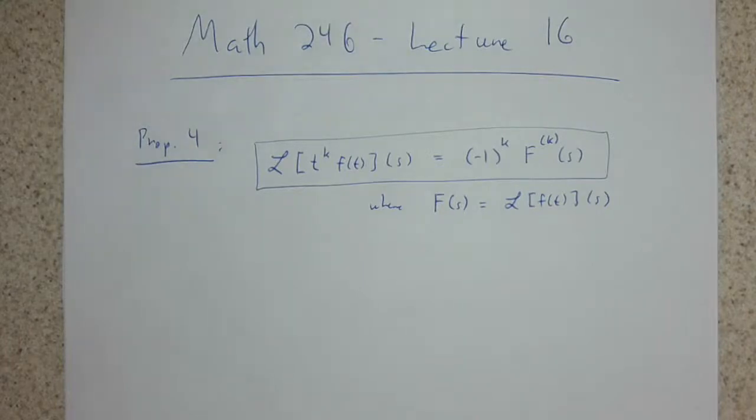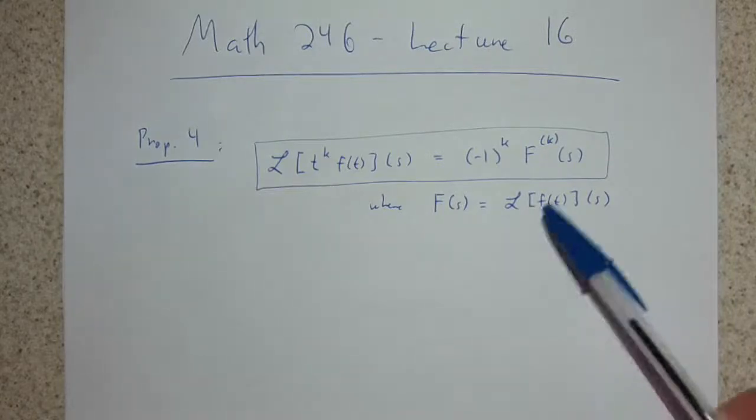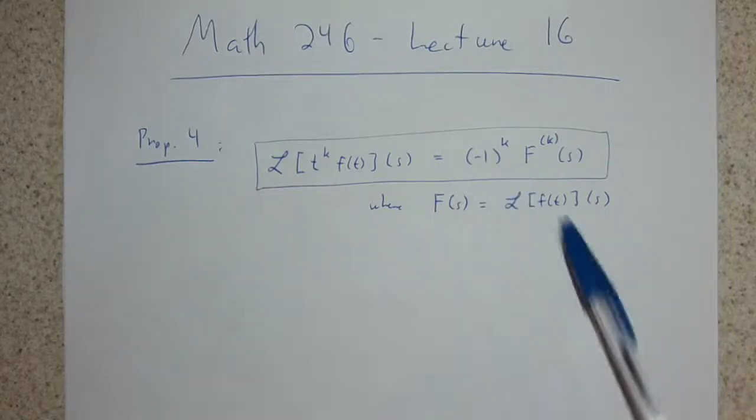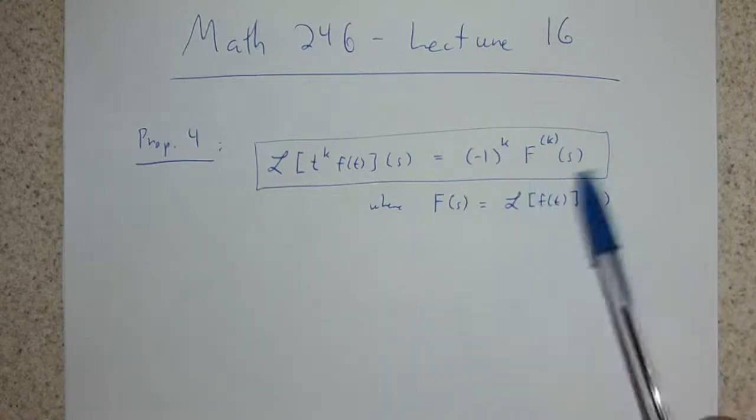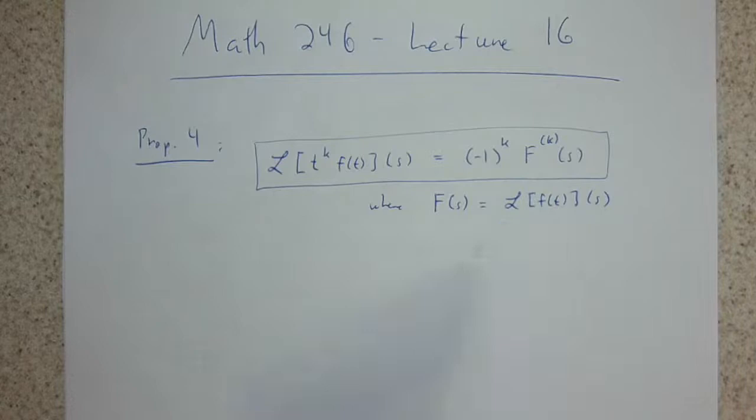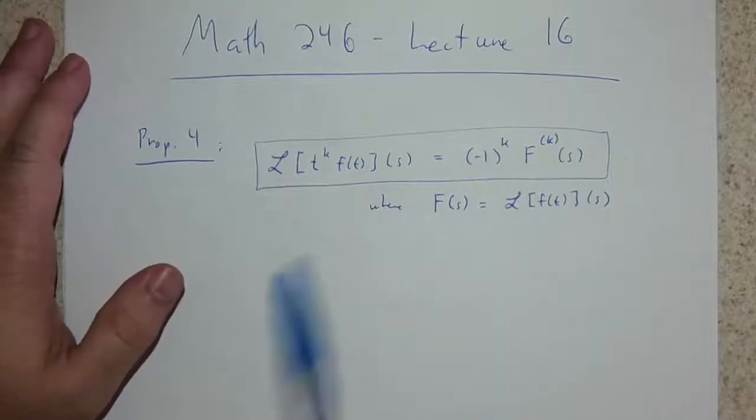So in the context of Laplace transforms, whenever you see a capital letter, you can assume that's the Laplace transform of the function denoted by the lowercase version of that letter.